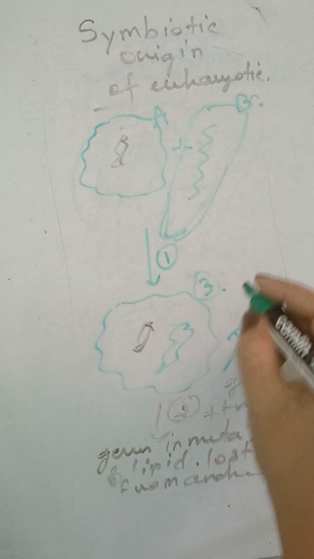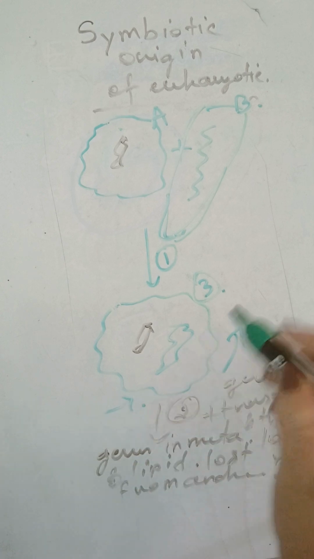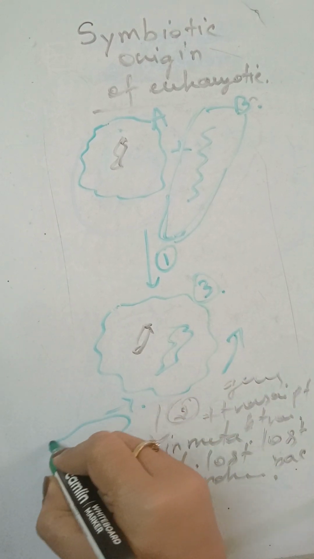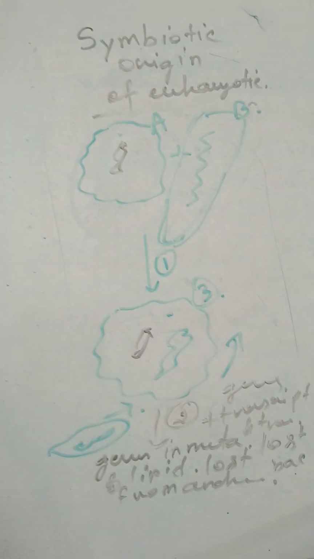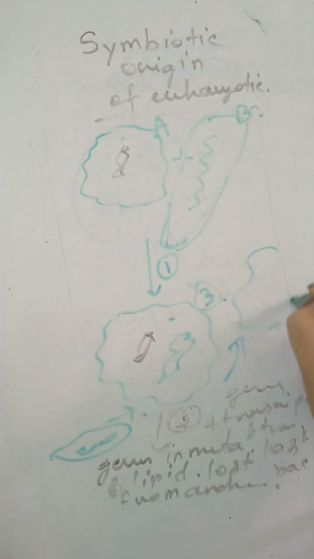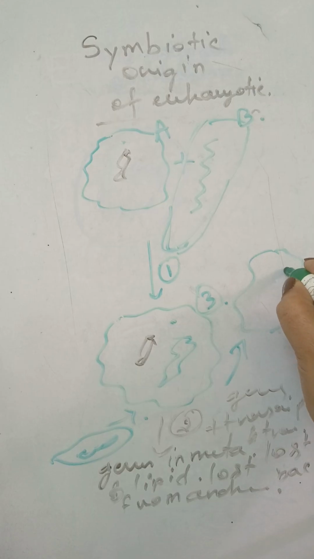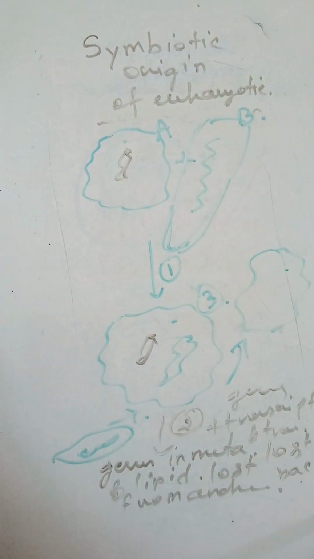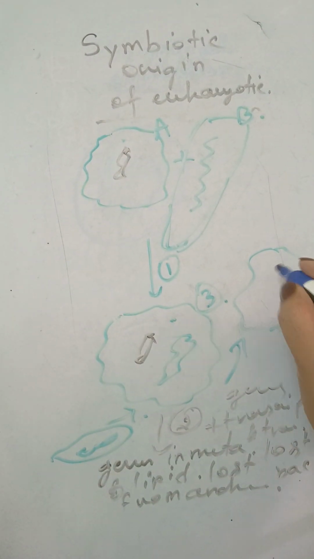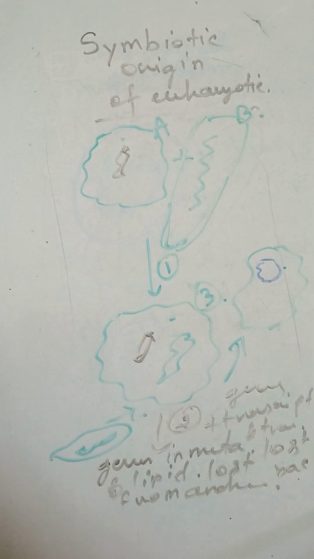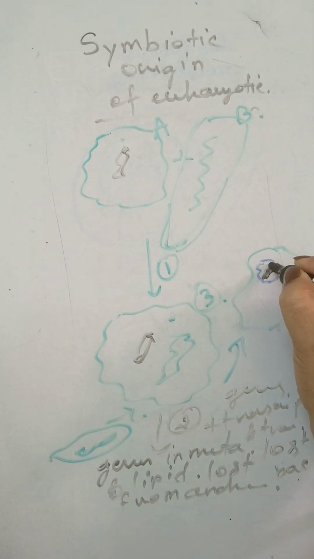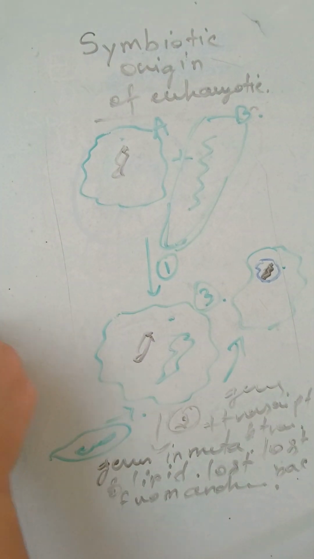How? Again, in the fused cell, a bacterium will be engulfed or enter into this cell. There is already an archaean chromosome, this one is the archaean chromosome.